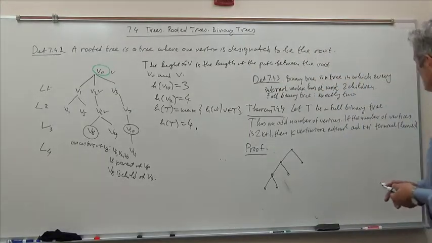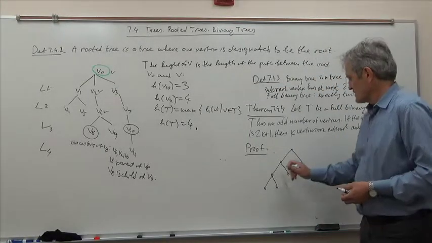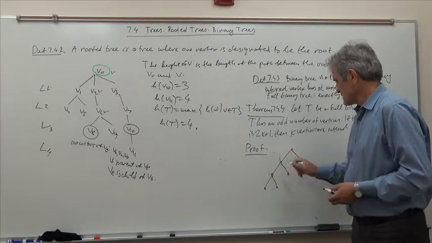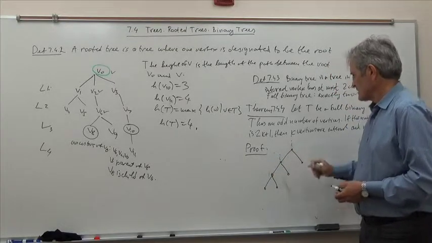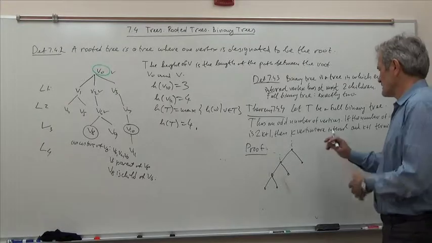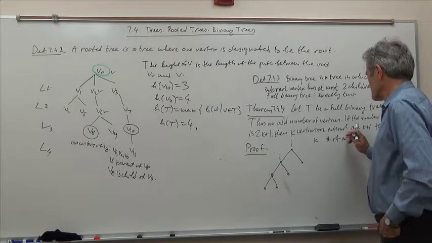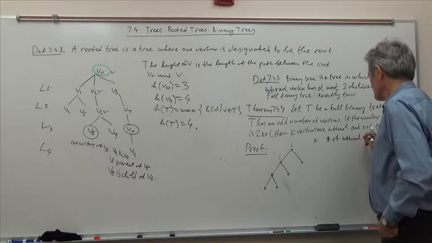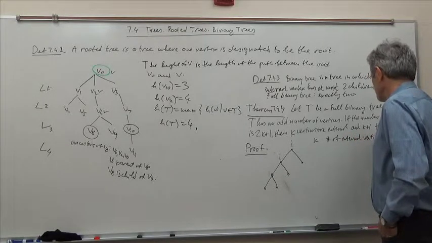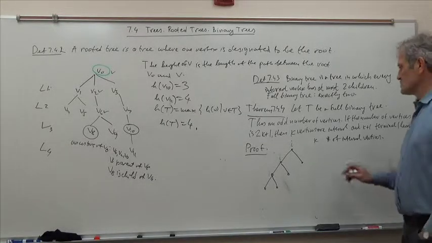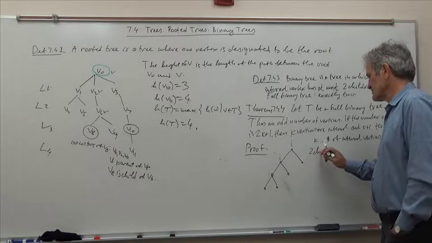But here is what we can do. Let K be the number of internal vertices. So this one is internal, this one is internal, and this one is internal. So K is the number of internal vertices. Each internal vertex has two children.